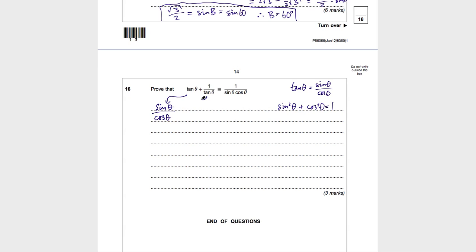One over tan theta, that's the inverse of this one. So I've put it 1 over, so that's cos theta over sine theta. If I want to add those together, I need to have common denominators. So common denominators, I need to multiply both by cos theta and by sine theta.